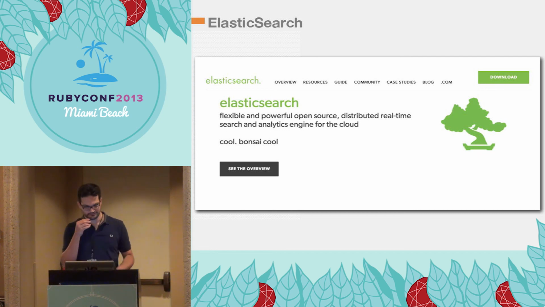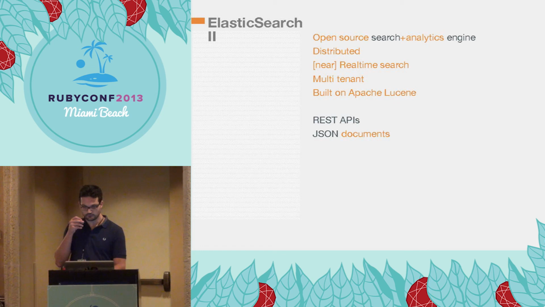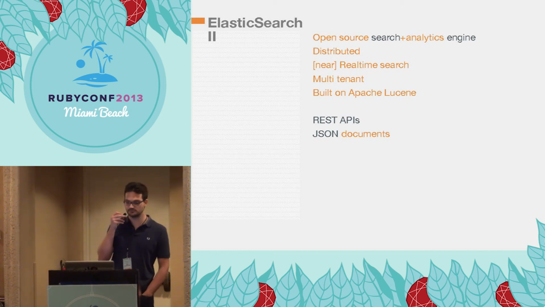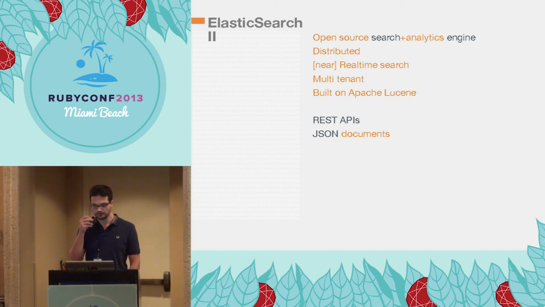We're not going to implement all the logic of a search engine, but we just use something that does that for us. This is Elasticsearch, that is cool, Bonsai cool. What is Elasticsearch? Here is a long list of buzzwords, but let's say that it is an open source search engine. They also provide analytics capabilities, so you can use the same engine to get a sort of map reduce on your data.